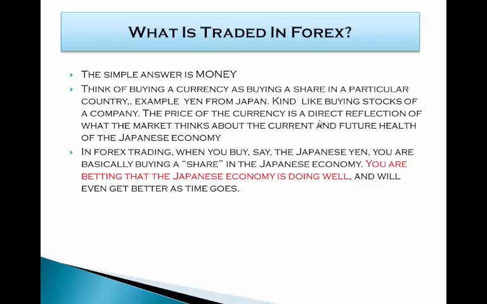So if we buy yen, we are basically buying into Japan's economy. You are betting that the Japanese economy is doing well, and therefore their currency will strengthen and go up, right? So you want to buy yen. When the yen value goes up, you can sell at a profit.